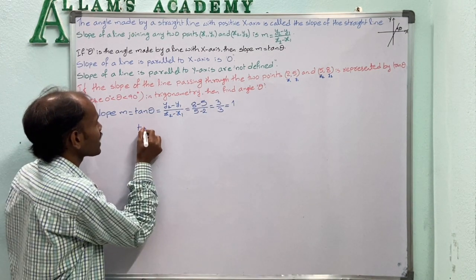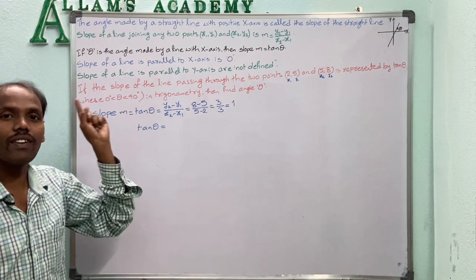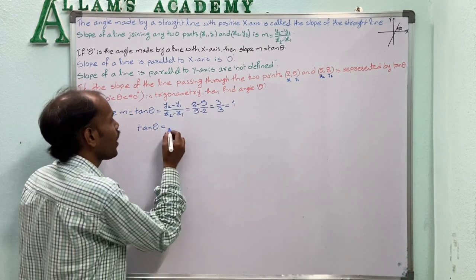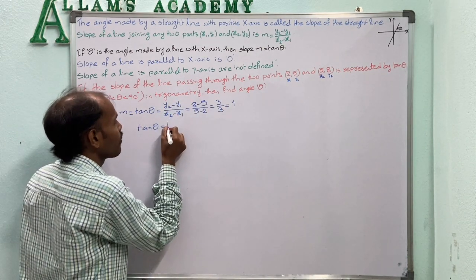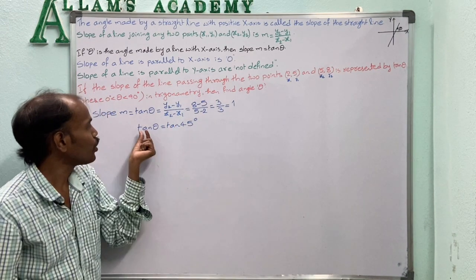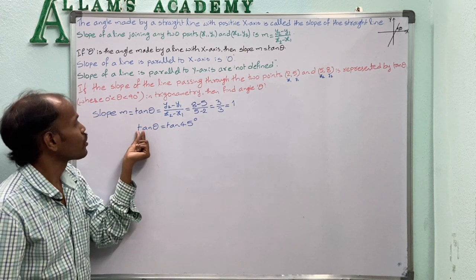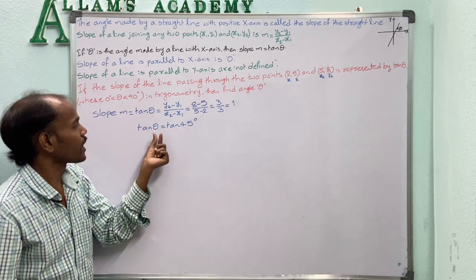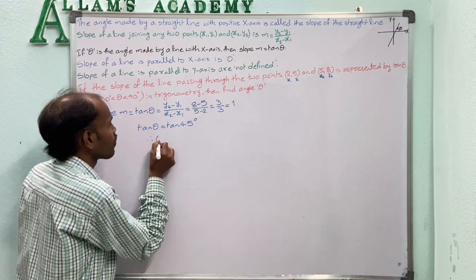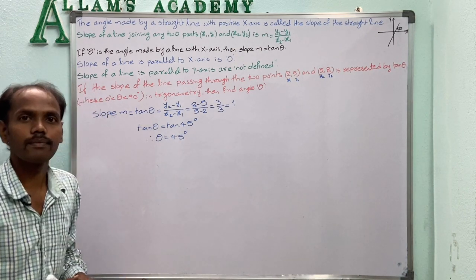So in the place of 1 we write tan 45 degrees. Now we observe tan theta equals tan 45, the same trigonometric ratio. That means this theta angle is nothing but 45 degrees. Therefore theta equals 45 degrees.